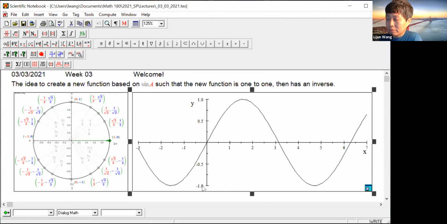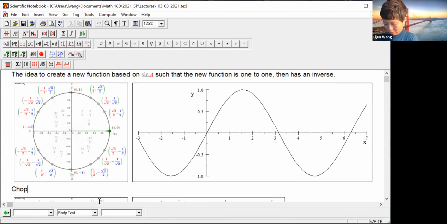I'm going to chop off. You know what chop off is? Chop, chop, chop. How do we chop it? Well, there's a point here, the lowest point here.